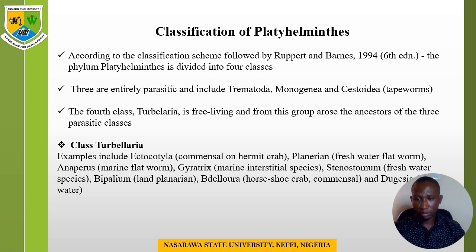We have planaria, the aquatic planaria, those that live in water, and then those that live on land, which are known as Bipalium. And then we have Anaperus, a marine flatworm, Gyratrix, a marine interstitial species, and then the Limulus horseshoe crab commensal, and Dugesia, which lives in water.